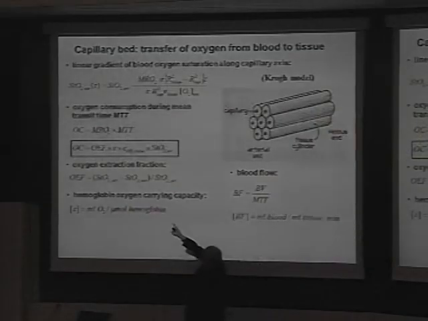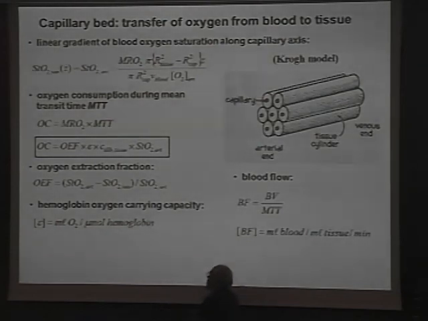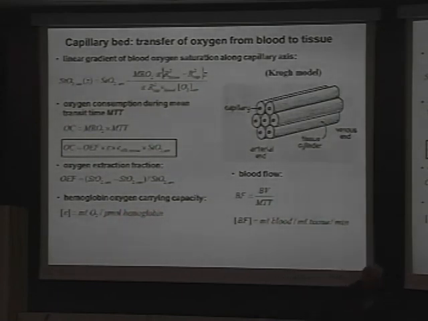It's the oxygen carrying capacity given in milliliters oxygen per micromole of hemoglobin, and then you have the total hemoglobin concentration, which you measure, and the arterial saturation. So basically we can measure oxygen consumption during a mean transit time.